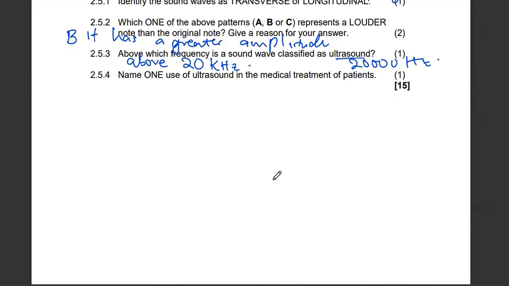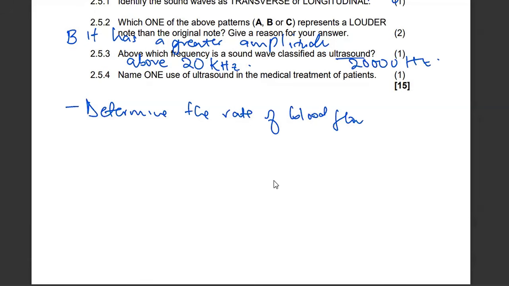Name one use of ultrasound in the medical treatment of patients. Number one, they are used to determine the rate of blood flow. The rate of blood flow, that's one. Two, we can use them for monitoring the fetus.